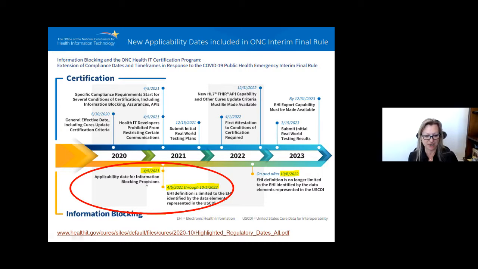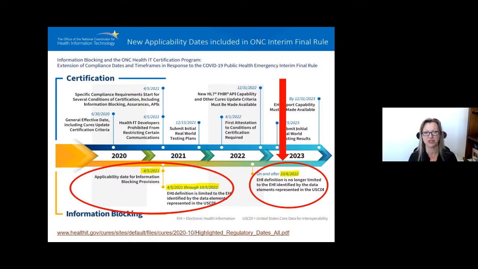And so you can see on the bottom here that the deadline has passed. That means once the rule was passed, April 5th of this year, just a few months ago, all of the information blocking requirements have gone into effect. Now, there is a delay in terms of the scope of information that you are obligated to respond with.